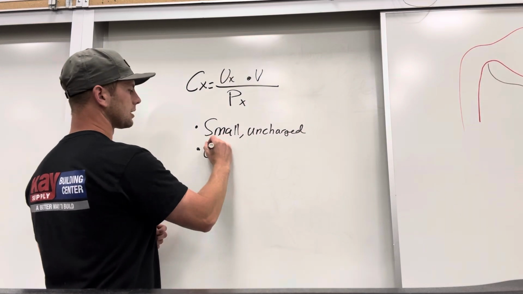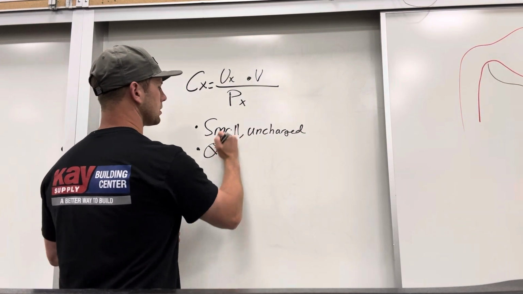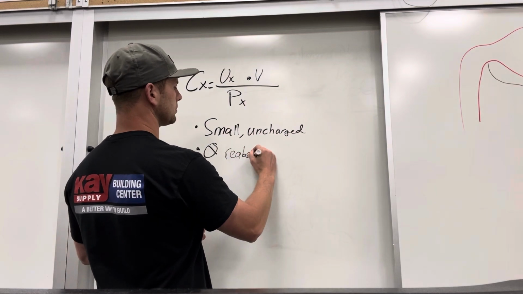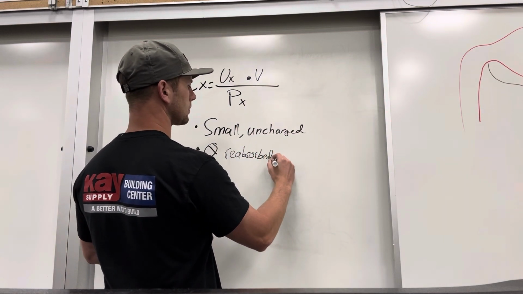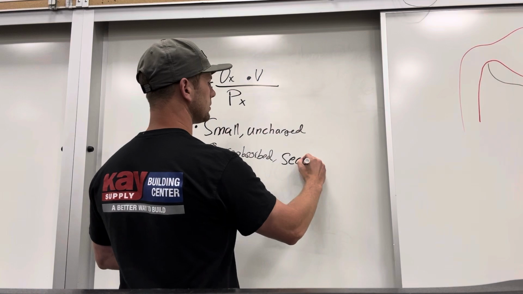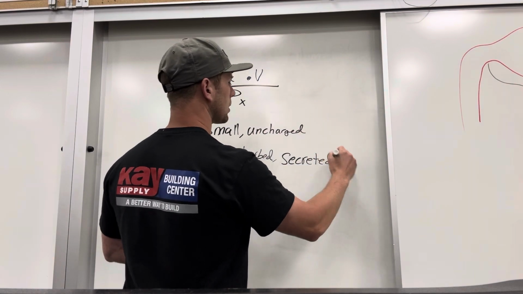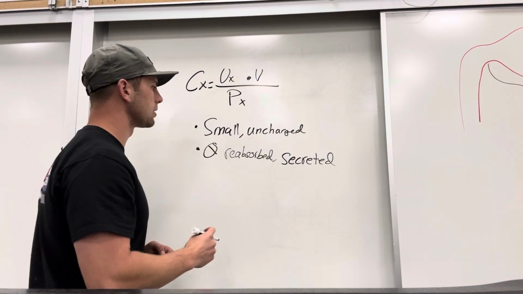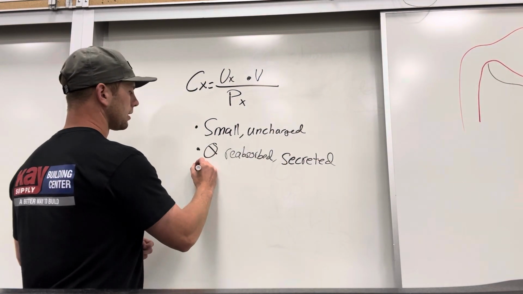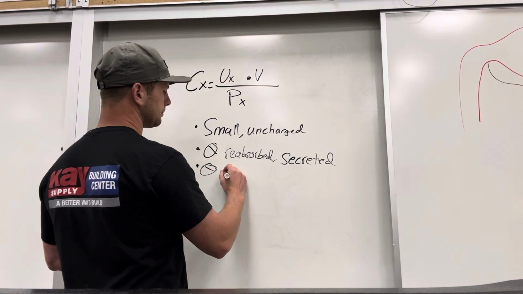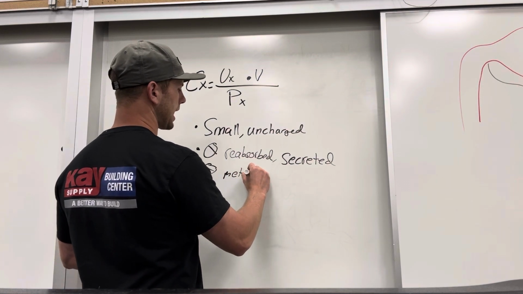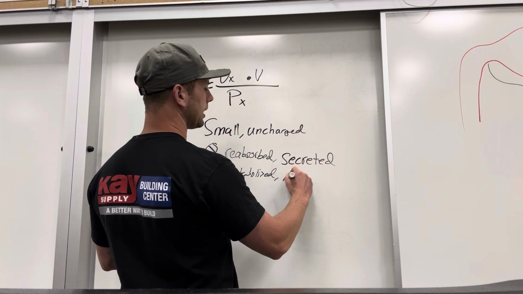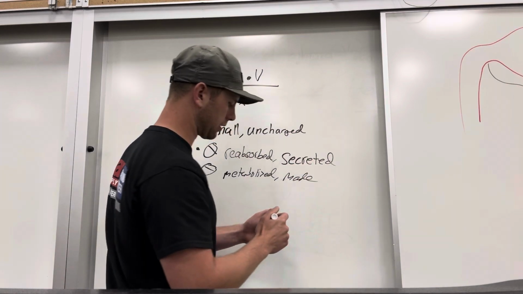It cannot be reabsorbed or secreted. So whatever filters through, it's just going to keep passing through and pass to the urine. And it cannot be metabolized or made by the nephron.